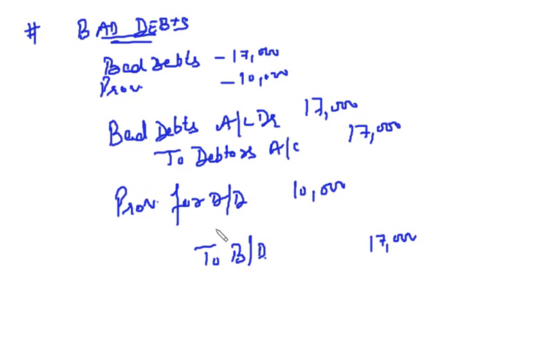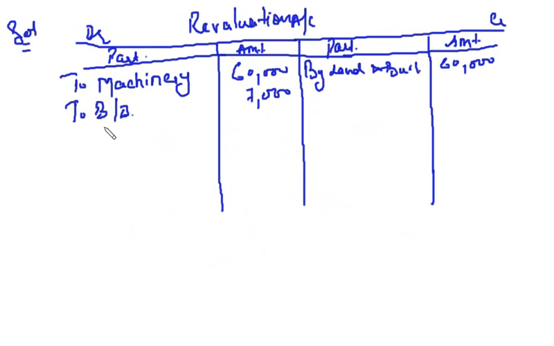Now the remaining 7,000 will be transferred to revaluation account debit, right? 7,000. Clear, friends? So that's why in the revaluation account we have taken bad debts as 7,000.